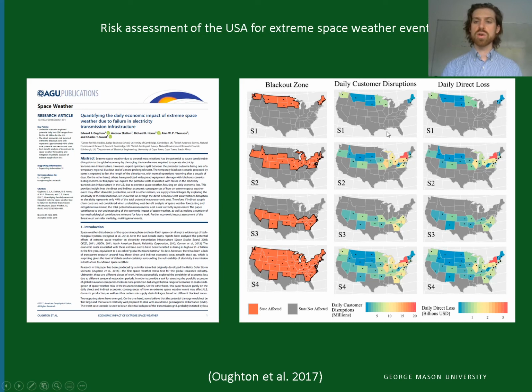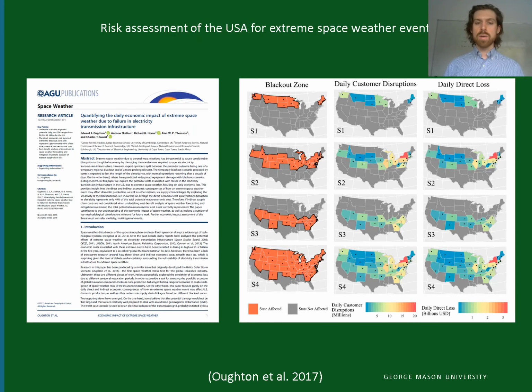We're able to look at the number of daily customers, so that's you and I, households without electricity, as well as business and industrial customers who don't have electricity. Then we're able to quantify the direct economic loss and the indirect economic loss, so we know what the potential economic impact would be to gross domestic product if this event took place.